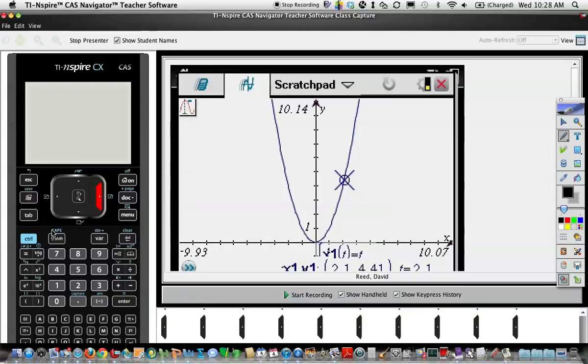Now, at different times, they may have different slopes. Okay? But same path. In your book, if you want to get your books out, wouldn't be a bad idea at this point. There is a picture of this on page 244.